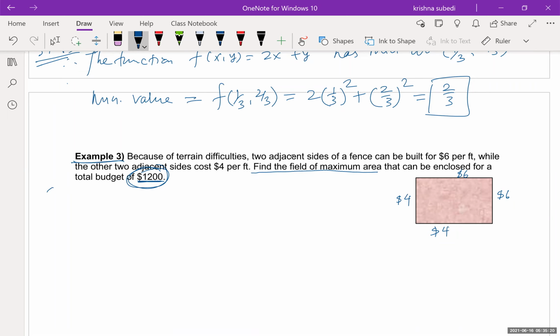So let us try this. First of all, let x represent the length and y the width of the field.